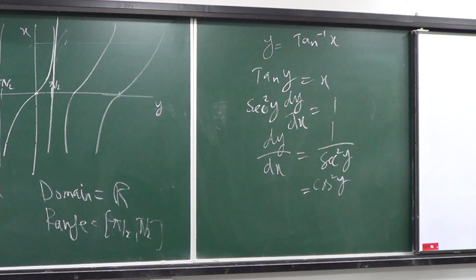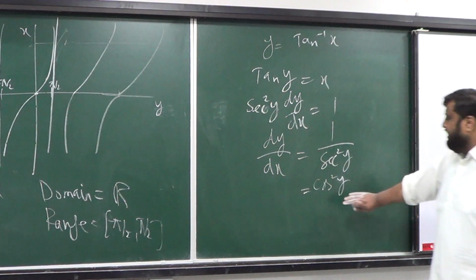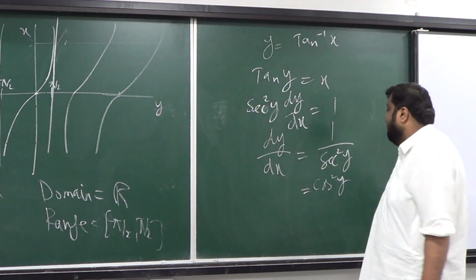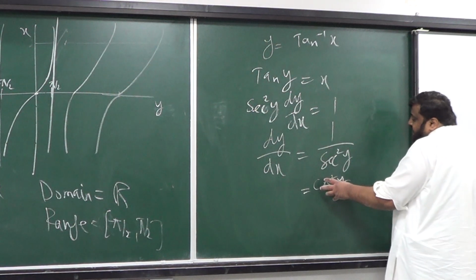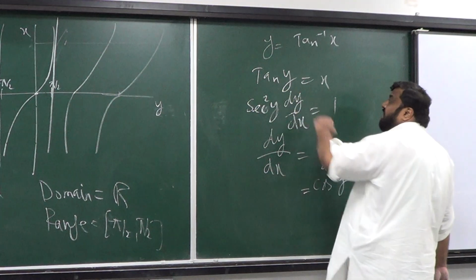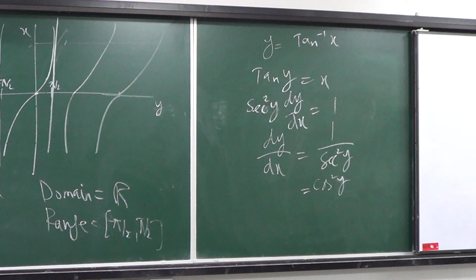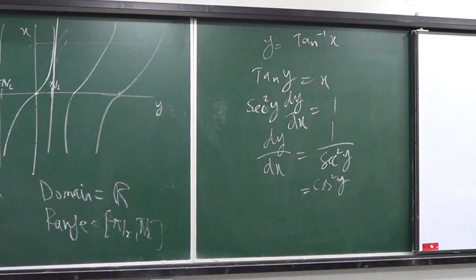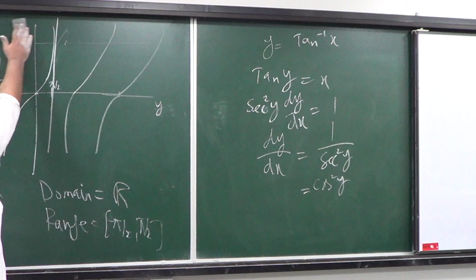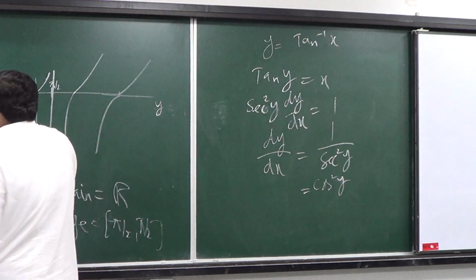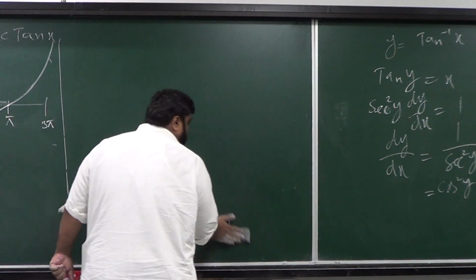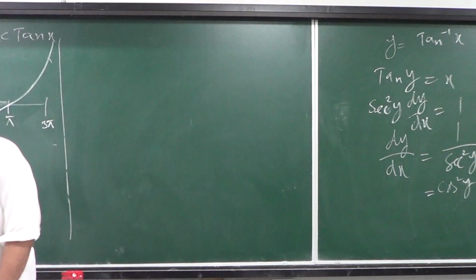If I want to write this in terms of x, then I need to write the cosine square in terms of the tangent function. And how can we do it? You learned this in your matric and first year classes, that you can take any trigonometric function and express all the other trigonometric functions in terms of that given function.